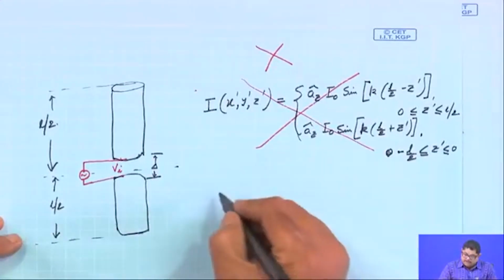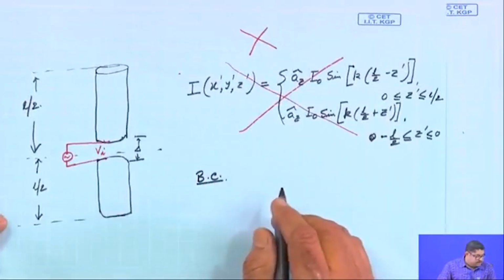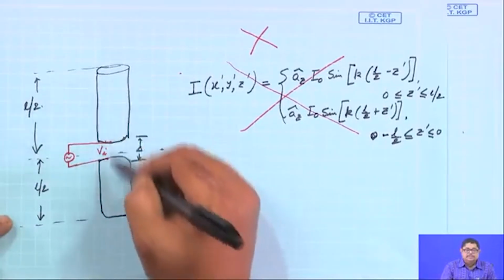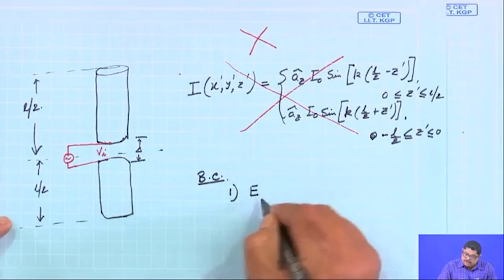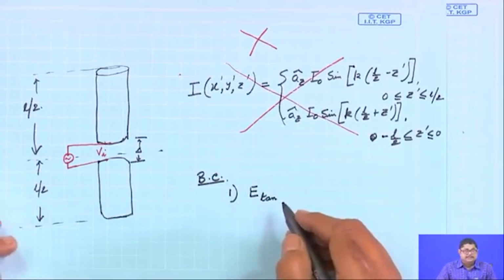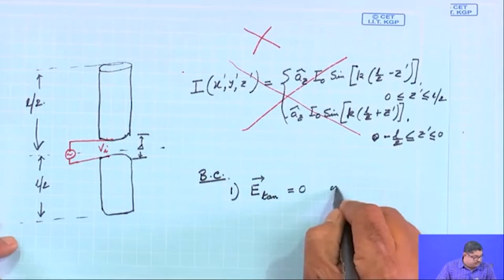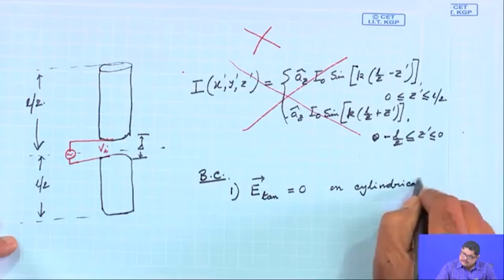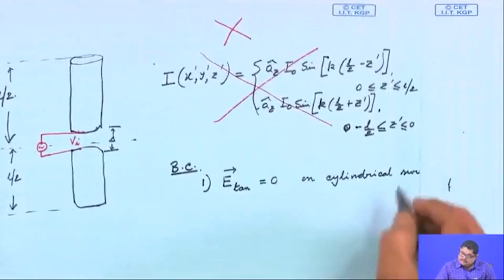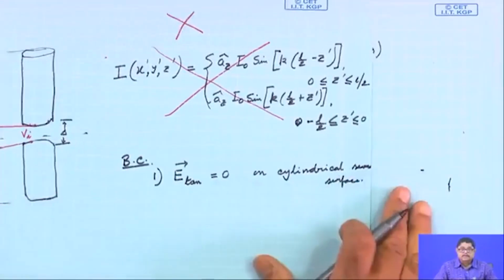Now, on this we will put the boundary conditions. What are the boundary conditions? Since this is made of perfect conductor, the first boundary condition is that the total tangential electric field will be 0 on the cylindrical surface.